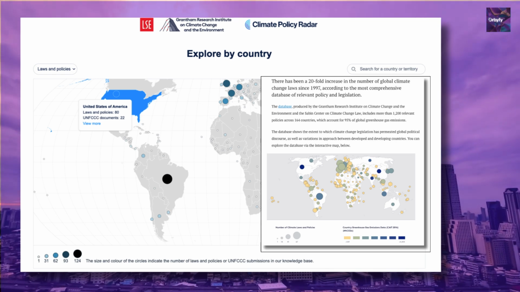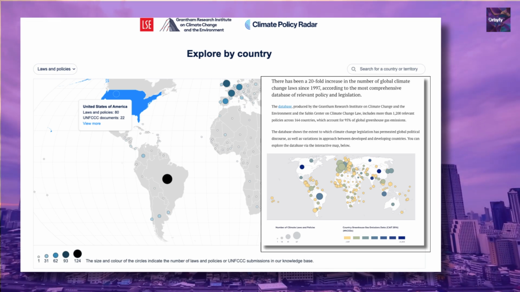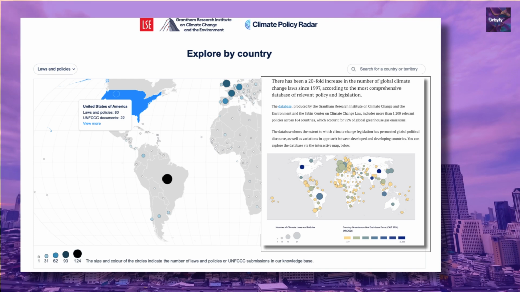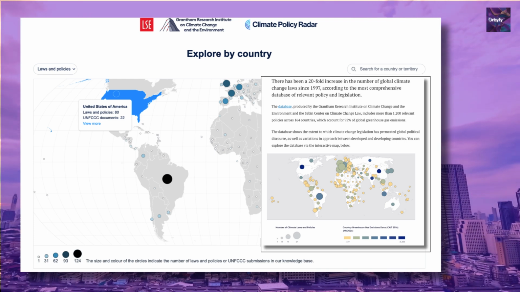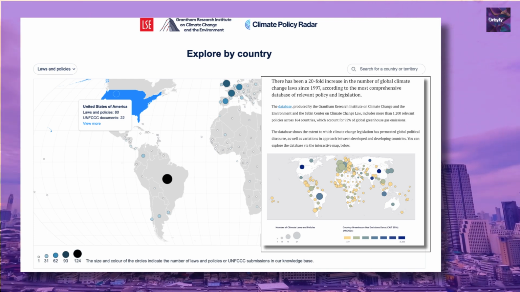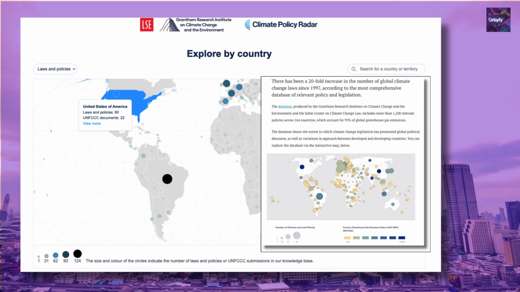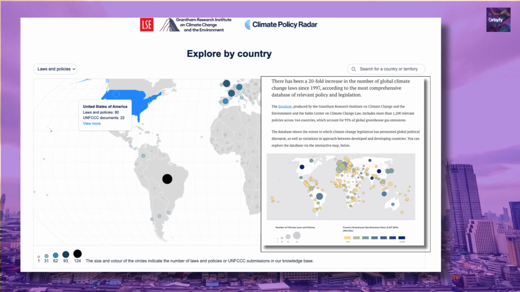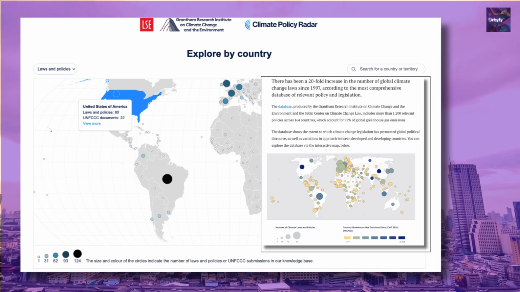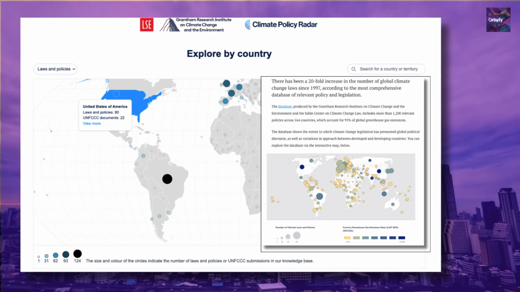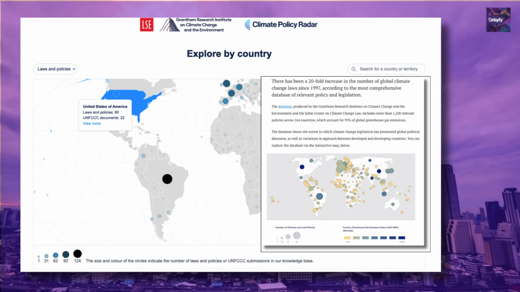If you check out the database that the Grantham Research Institute with the London School of Economics has put together, you can actually go in and see the number of laws and policies and regulations all related to climate by each country in a quite cool and interactive map.